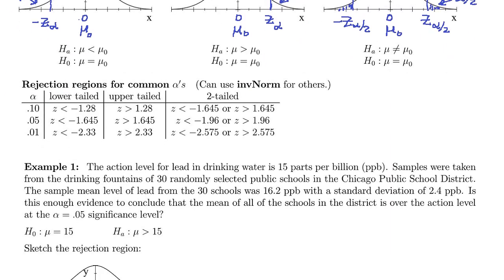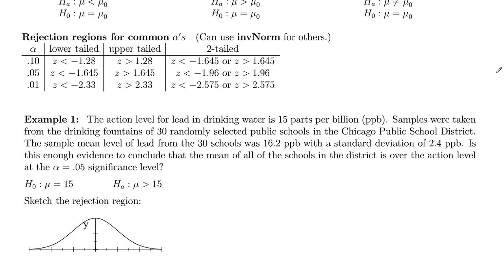So let's go back to example 1 again. Our null was mu equals 15. Our alternative is greater. This is an upper tailed test. Our alpha is 0.05. So for 0.05, upper tailed, 1.645 is the cutoff for the rejection region. To the right of 1.645, we will reject the null hypothesis.